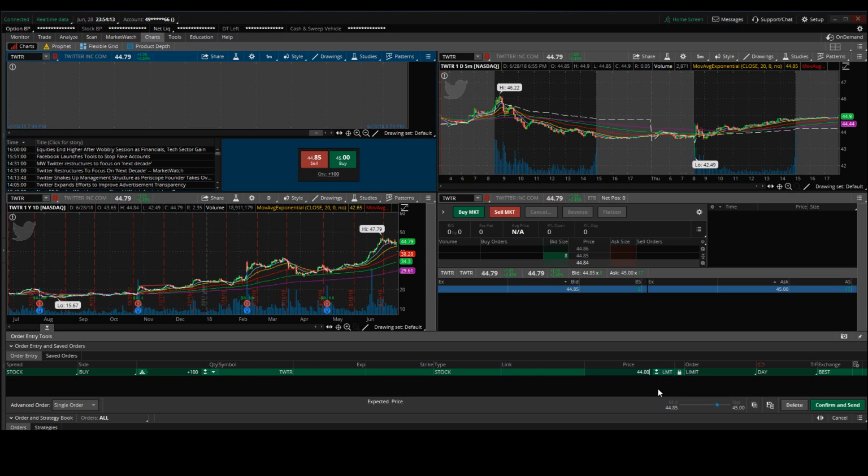So this is basically just stating at this point that you want to buy these shares, but you are only willing to pay a max of $44 per share. Now, once you come over here, you'll confirm this and submit it, and it'll put your order up in the market.